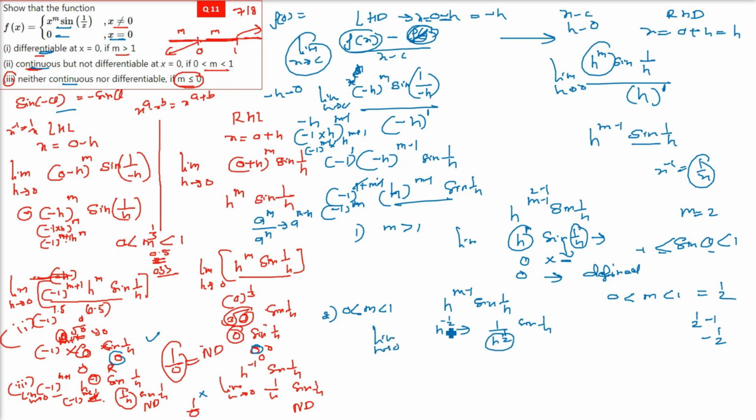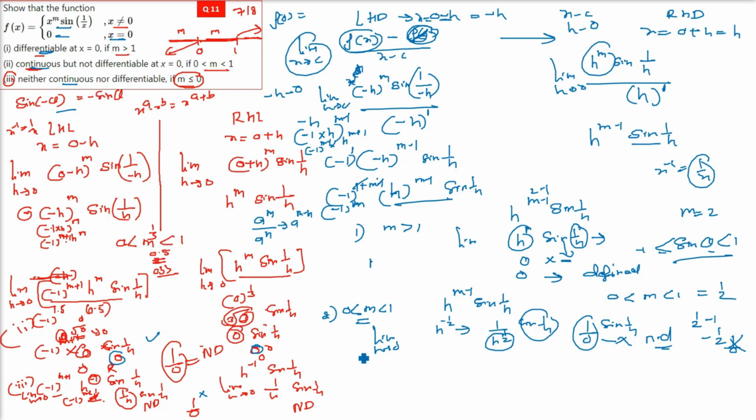Sine 1 by h doesn't matter because it will always be between minus 1 and 1. But in the denominator, you'll get 0, and under root of 0 is 0. 1 by 0 is infinite, undefined. So when it is undefined, the function is not defined, as in the case of continuity. It was continuous, but it is not differentiable because it is 1 by 0.